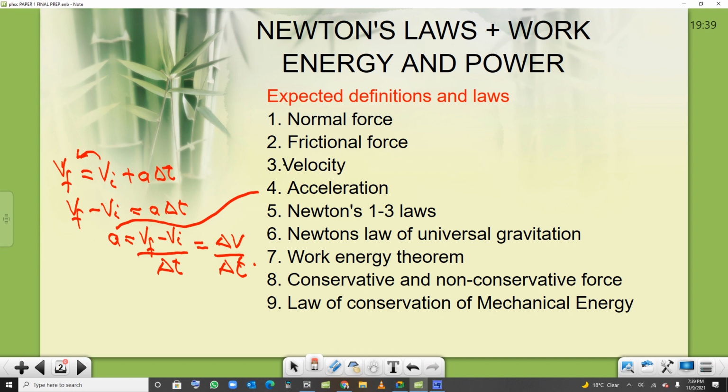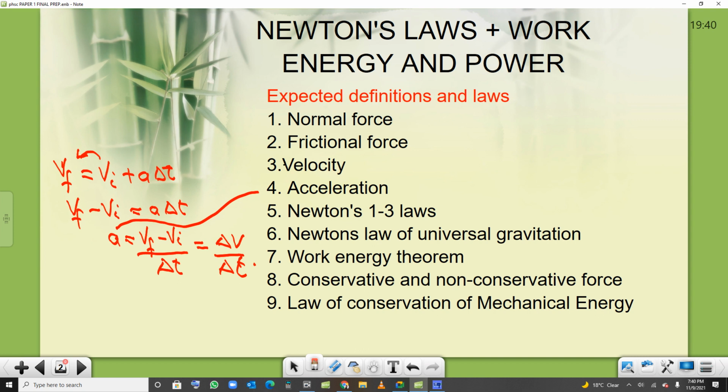Work energy theorem. The net work done on an object is equal to its change in kinetic energy. Conservative force. A force for which the work done is independent of, or does not depend on, the path taken. Non-conservative force. It's a force for which the work done depends on the path taken.